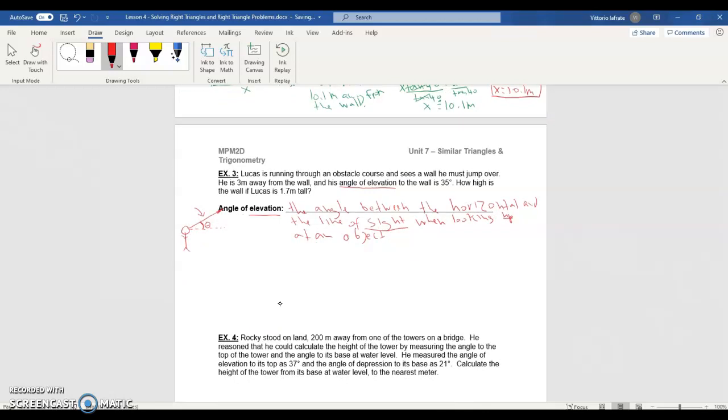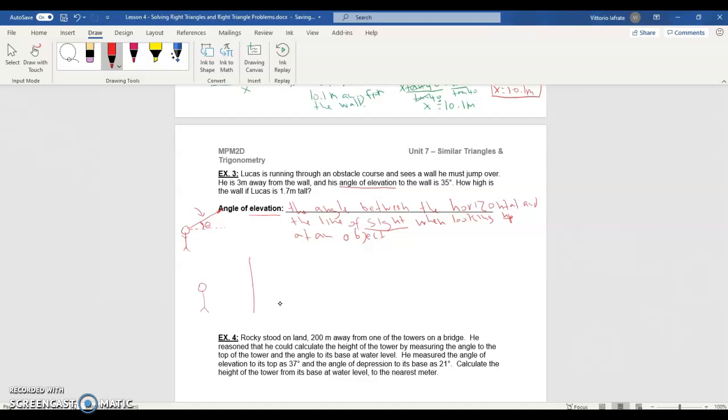So Lucas is running through an obstacle course and he sees a wall he must jump over. He is 3 meters away from the wall. So let's draw Lucas and let's draw a wall. So here's Lucas. Here's a wall. And we know that Lucas is 3 meters away from the wall.